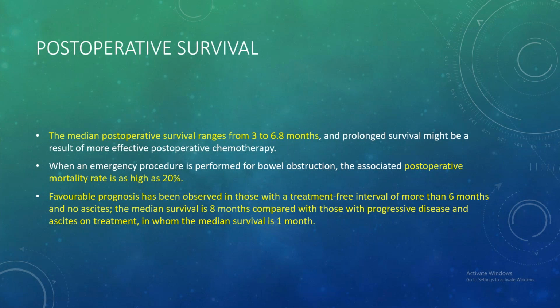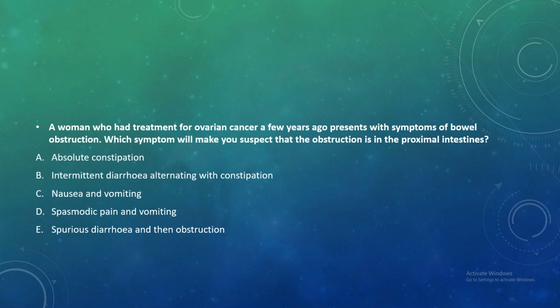Favorable prognosis has been observed where the treatment-free interval is more than 6 months and there is no ascites. In that case, median survival is around 8 months, compared with those with progressive disease and ascites, where the median survival is hardly 1 month. So finally, bowel obstruction is associated with poor prognosis, where median survival is only around 6 months. This is regarding this bowel obstruction talk.